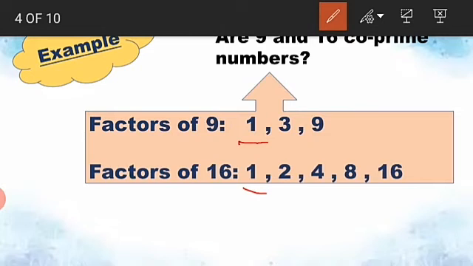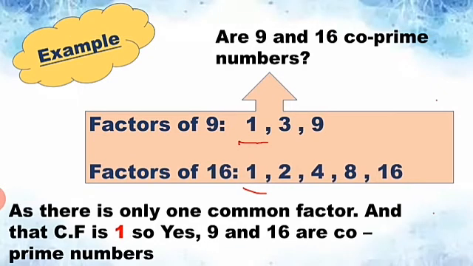As common means same values in both the factors of the numbers. Okay. So 1 is a common factor. So class, we have only 1 as the common factor. As there is only one common factor and the common factor is 1. So yes, 9 and 16 are co-prime numbers.